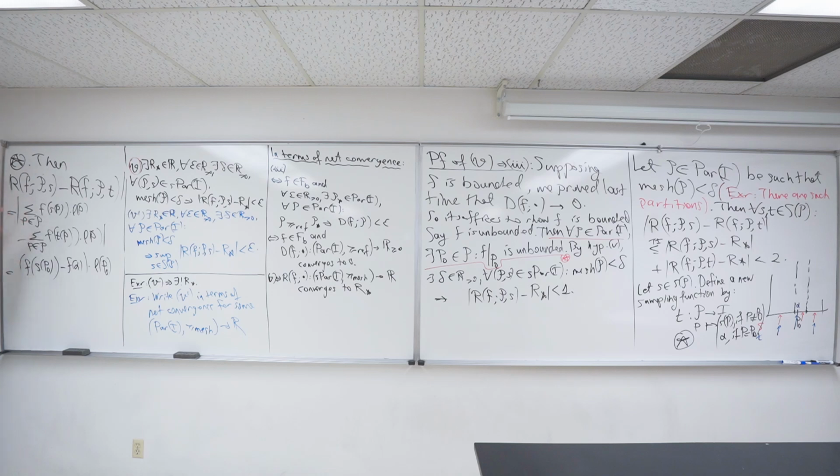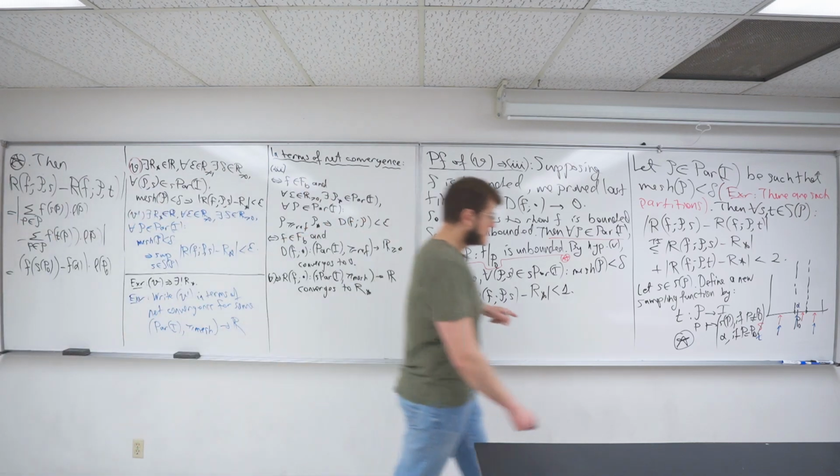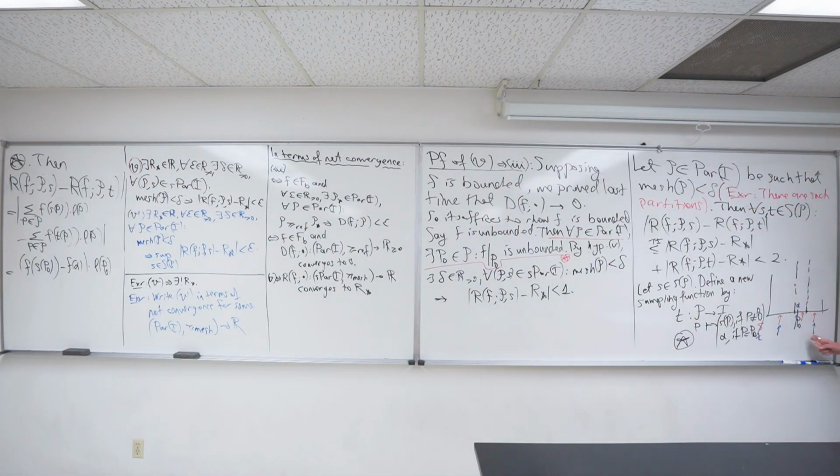These two sampling functions differ only for this bad pixel, which means that the contributions coming from other pixels are going to cancel each other out. So the difference between the two Riemann sums could only be coming from this P0. That's literally what that says.